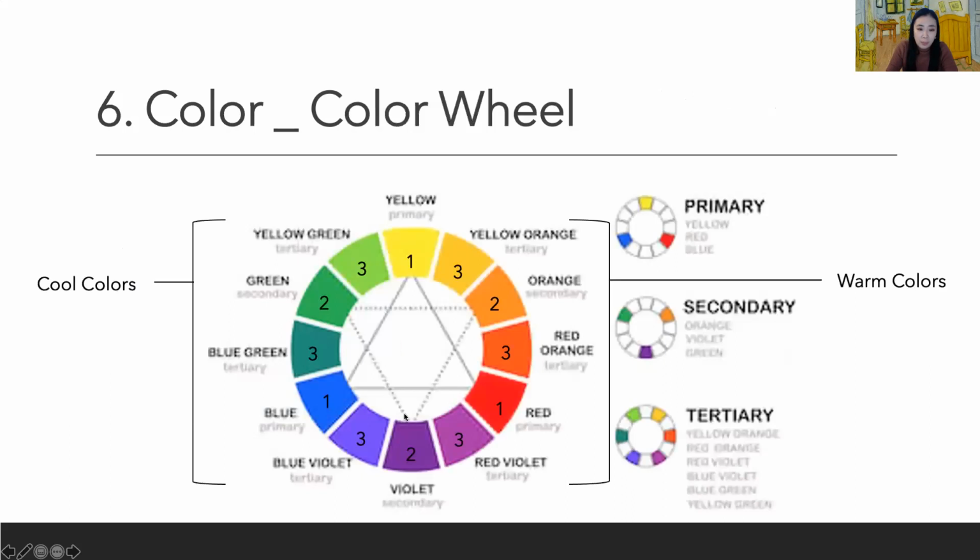When we see the color wheel and there are opposite colors, for example, yellow and violet, green and red, these are the opposite-side colors. So they are called complementary colors.